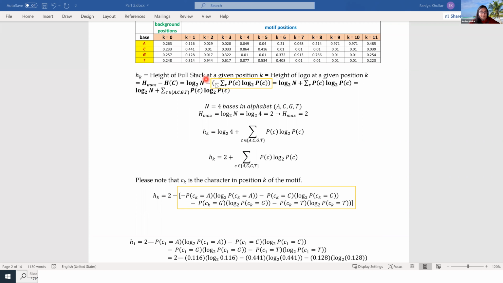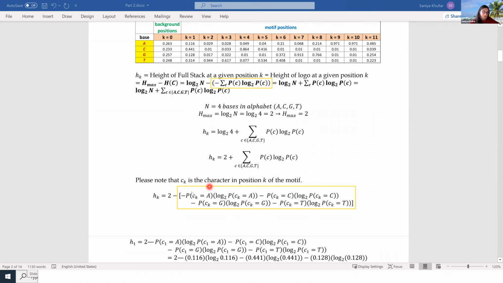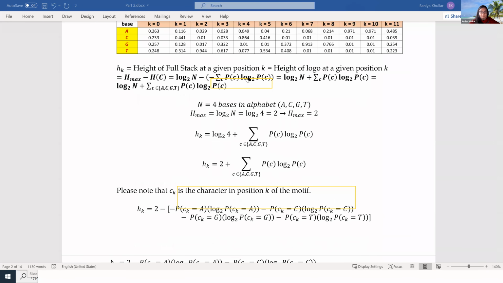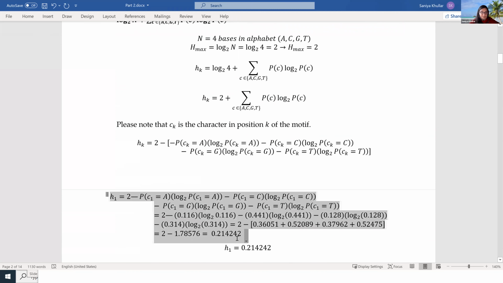And remember, minus and minus is positive, but I was trying to show from the very basic formula from here. Again, please let me know if you have any questions along the way. Then we just take these values here and keep expanding what these are.